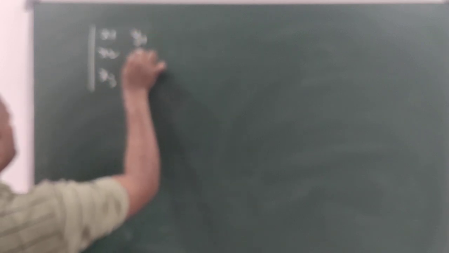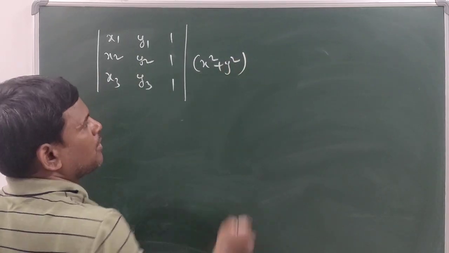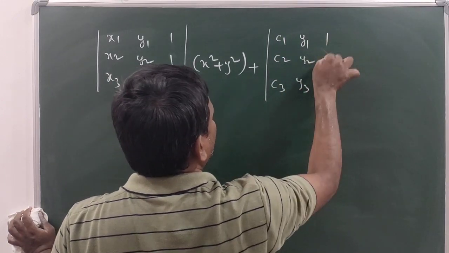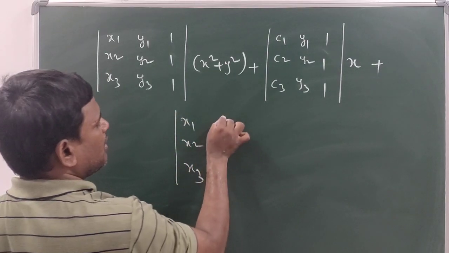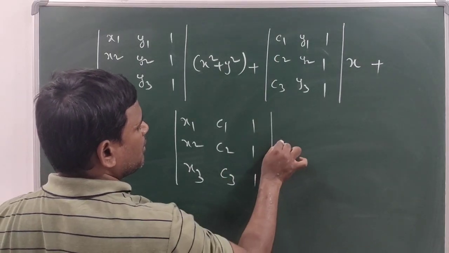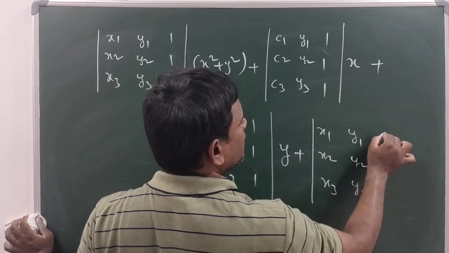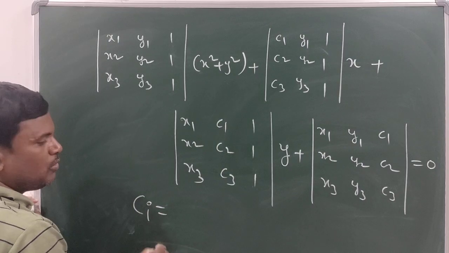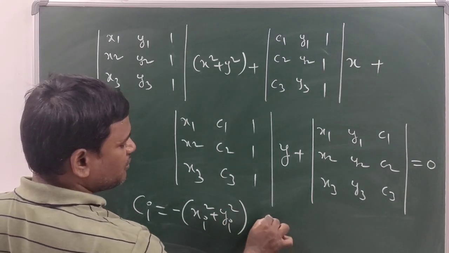First write the determinant of x1, x2, x3, y1, y2, y3, 1, 1, 1 into x square plus y square, plus the determinant of c1, c2, c3, y1, y2, y3, 1, 1, 1 into x, plus the determinant of x1, x2, x3, c1, c2, c3, 1, 1, 1 into y, plus the determinant of x1, x2, x3, y1, y2, y3, c1, c2, c3 is equal to 0, where ci is equal to minus of xi square plus yi square. Here i runs from 1, 2, 3.